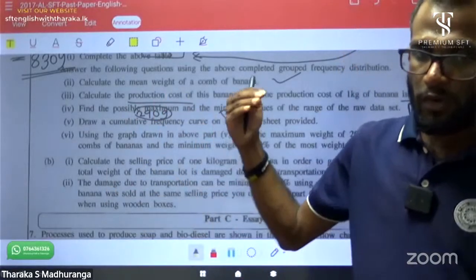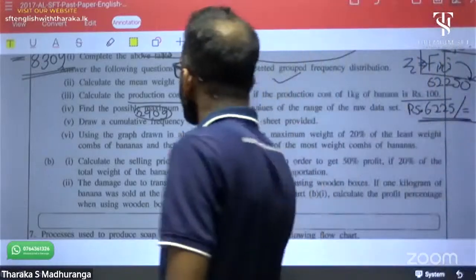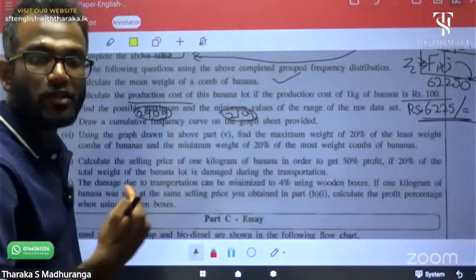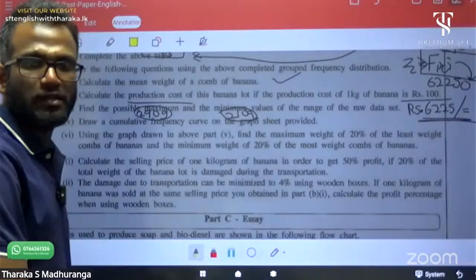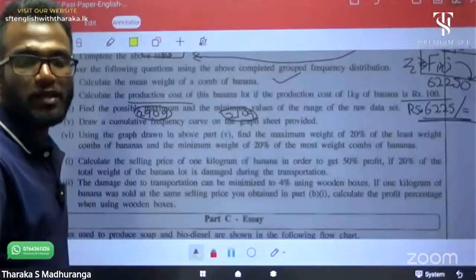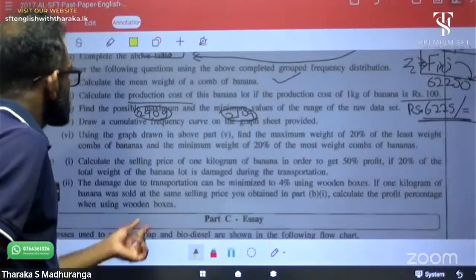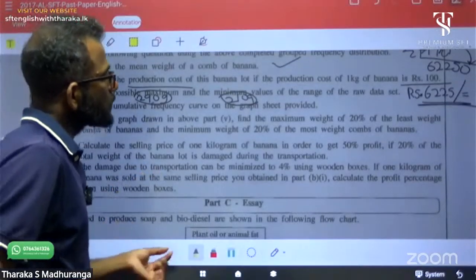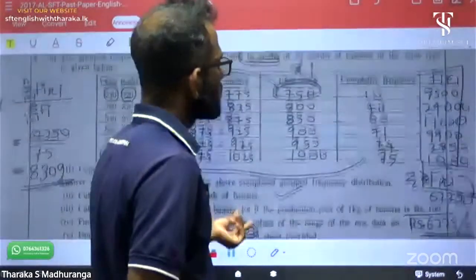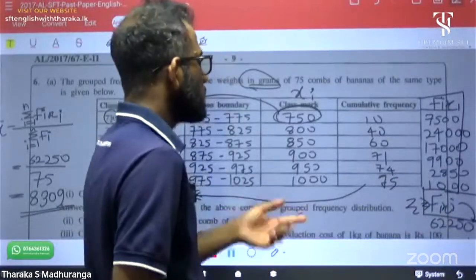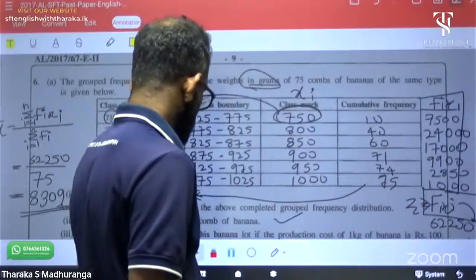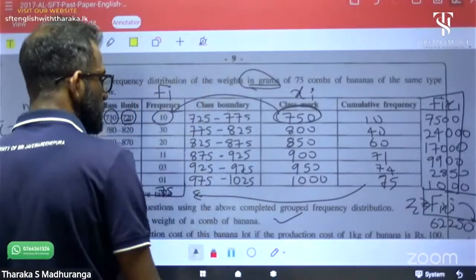Therefore, if you need to get full marks, you have to practice and manage your time perfectly. At least 30 minutes to complete this question. Draw a cumulative frequency curve on the graph sheet provided. In the exam they will always provide a graph sheet.